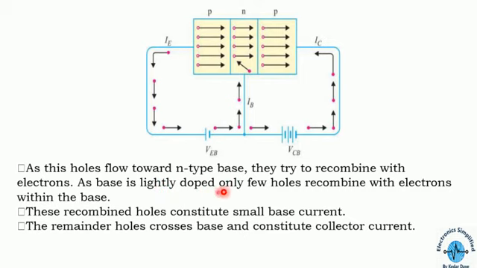As the base is lightly doped, only a few holes recombine with electrons in the base. Thus the recombined holes constitute a small base current. The remaining holes cross the base and constitute the collector current. So this is the basic idea.